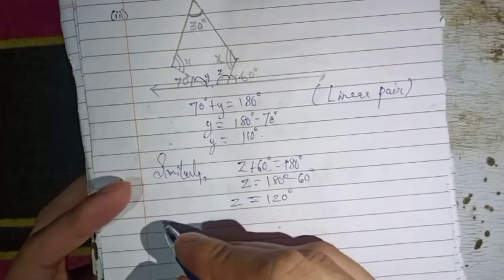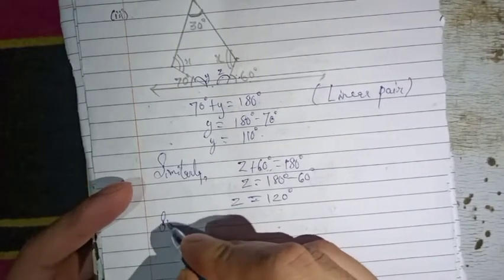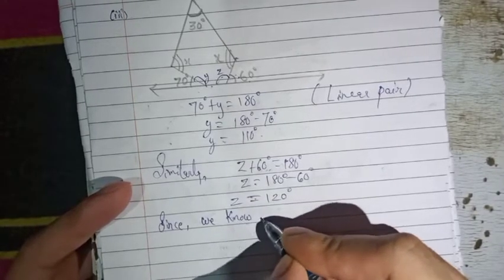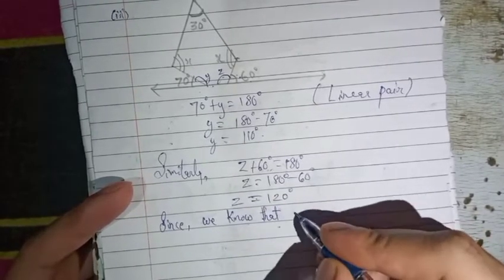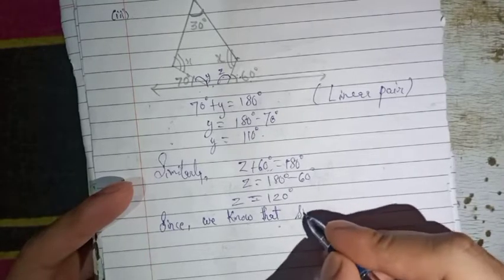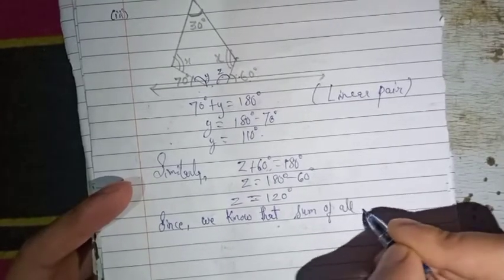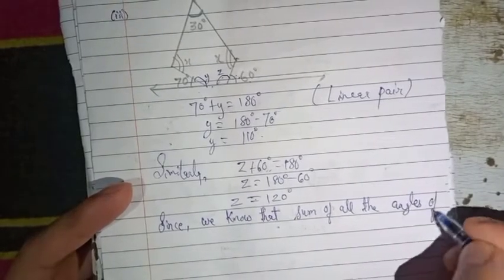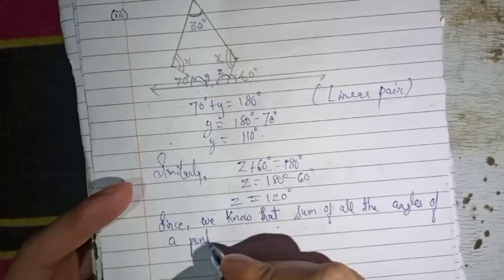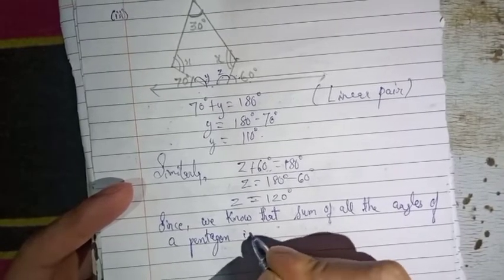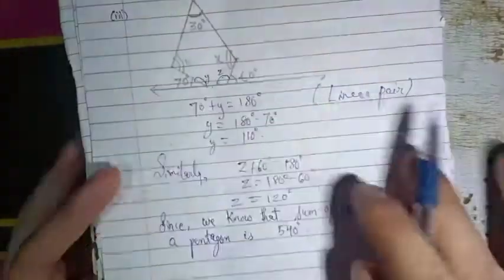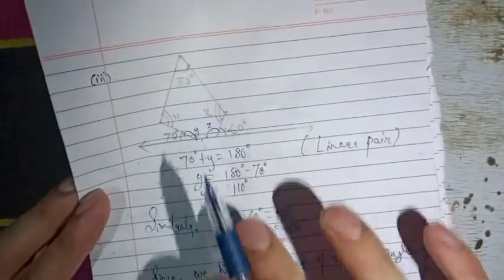So here we'll write, since we know that the sum of all the angles of a pentagon is 540 degree. Therefore if we add all these angles, interior angles only, then their sum should be equal to 540 degree.